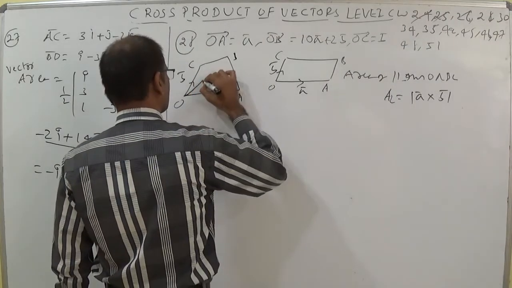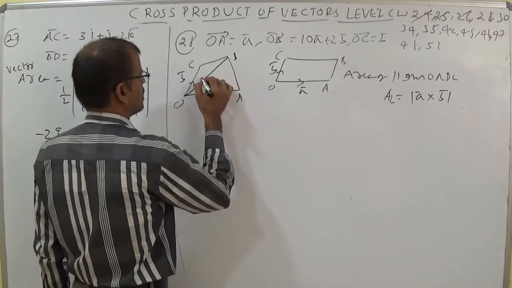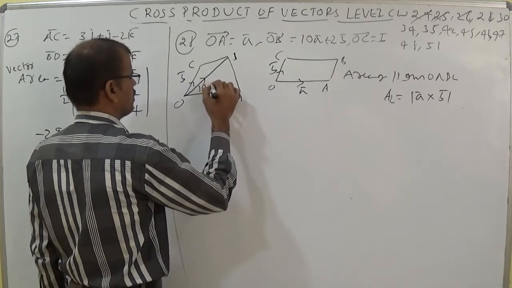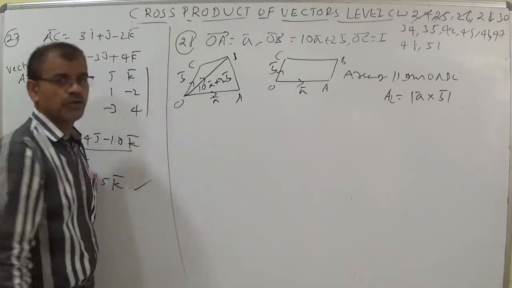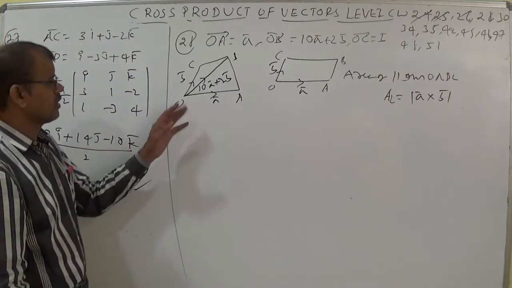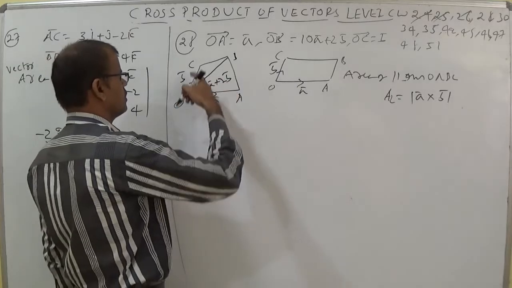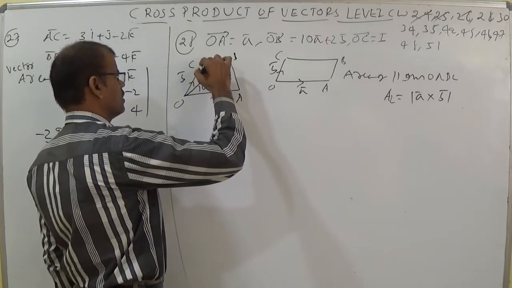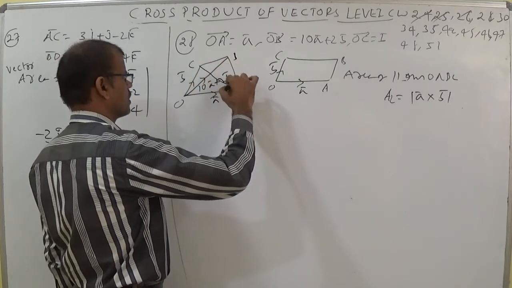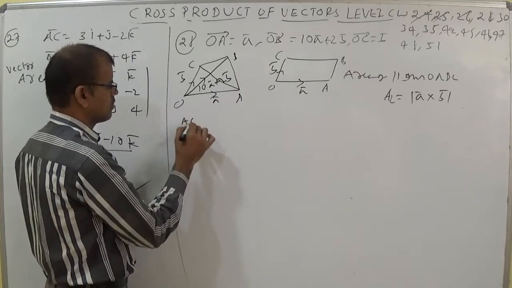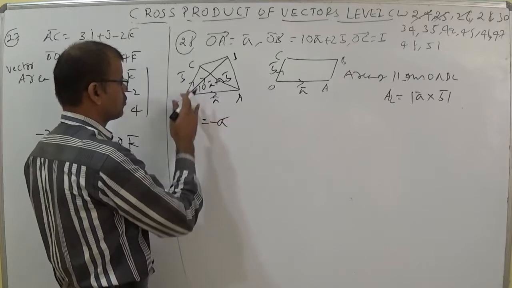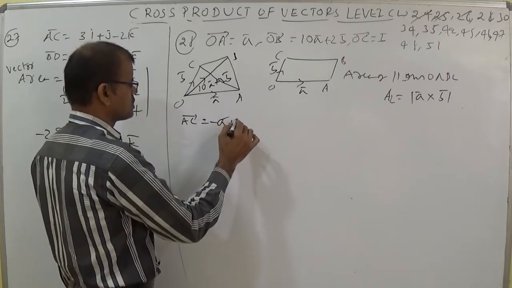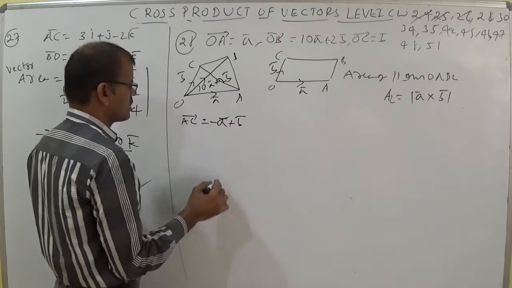OB is the diagonal, given as 10a plus 2b. We know that the area of the quadrilateral is 1 by 2 into AC cross BD. Here it is AC cross OB. Join AC. Using the triangle property, AC is AO plus OB, which becomes minus a bar plus b bar.